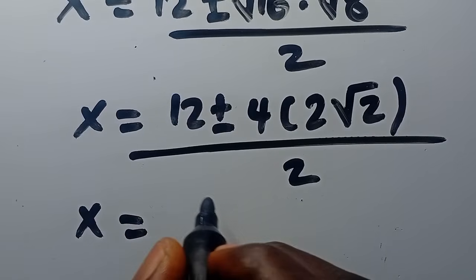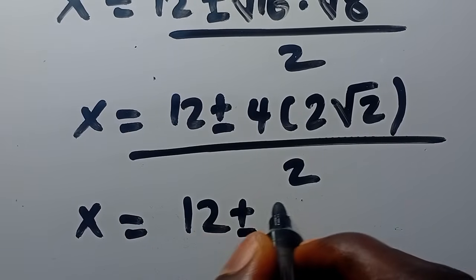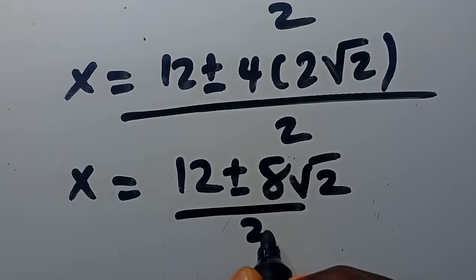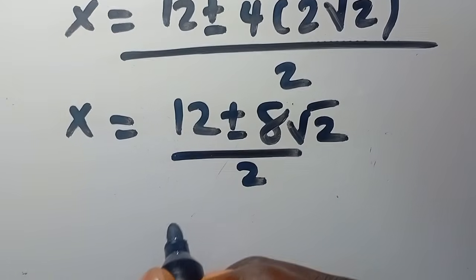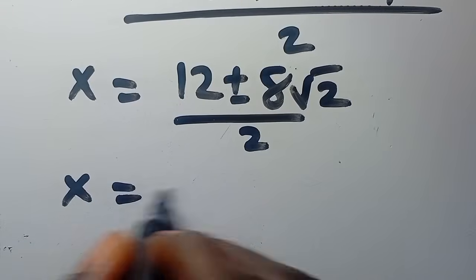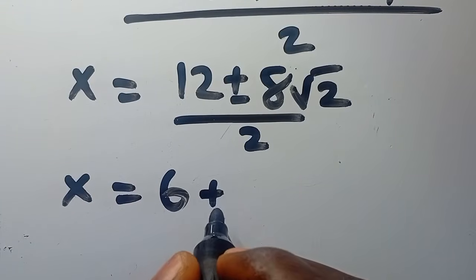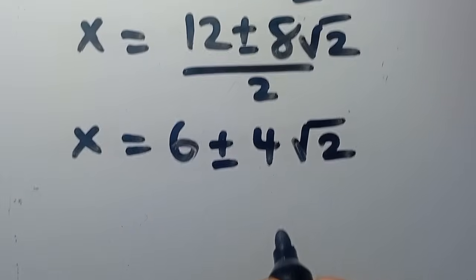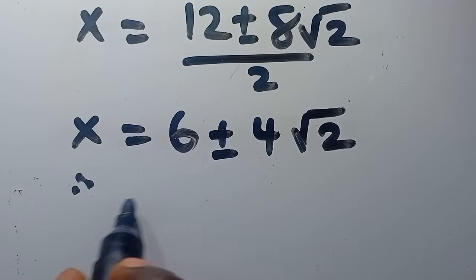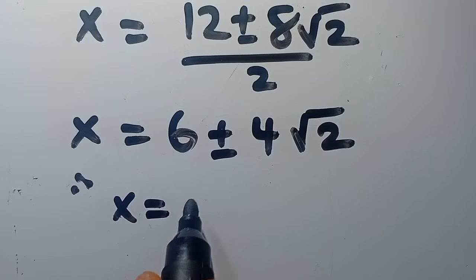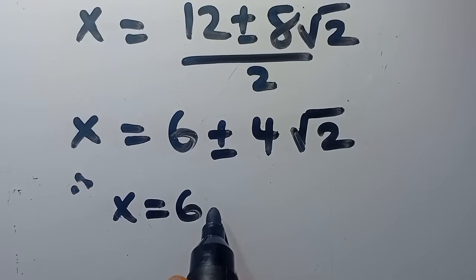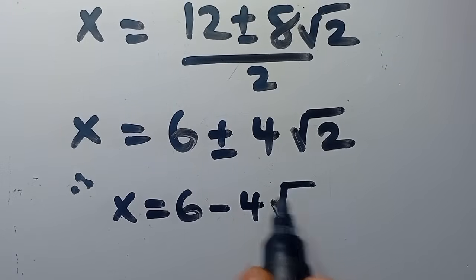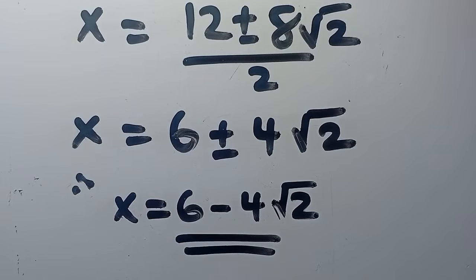X will be 12, positive or negative, 8 multiplied by root 2 over 2. 12 divided by 2 will be 6, positive or negative, and 8 divided by 2 will be 4 multiplied by root 2. So finally, we discover that x equals 6 minus 4 multiplied by root 2 is the final answer.